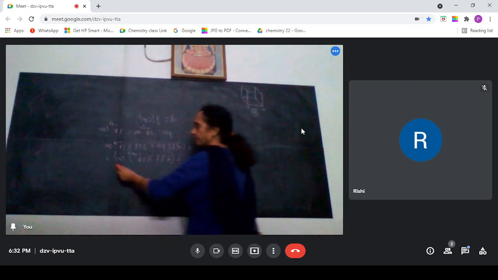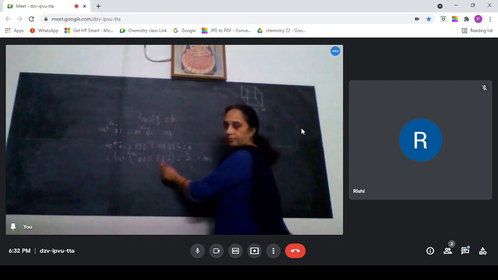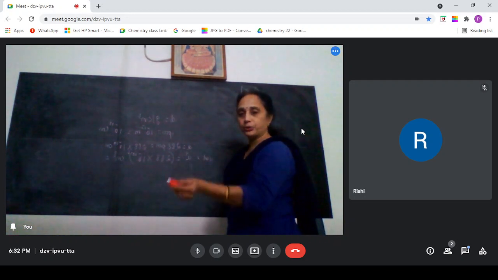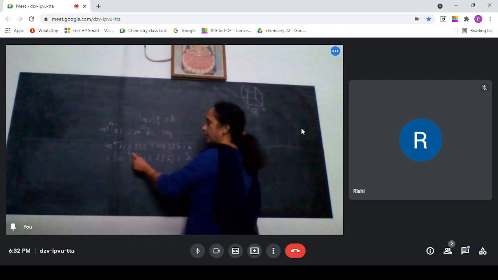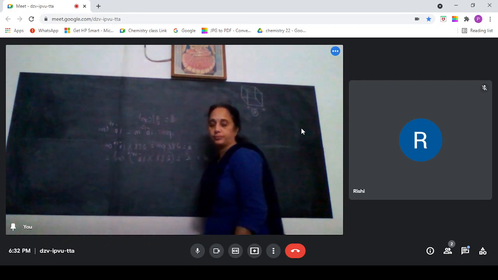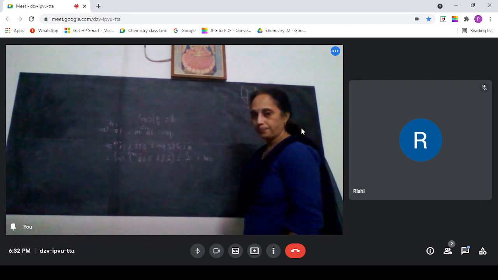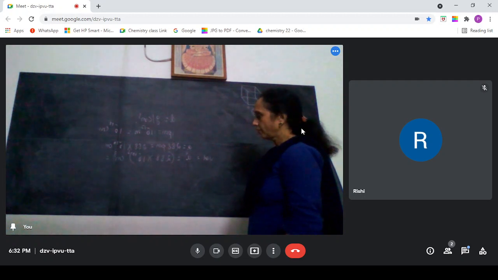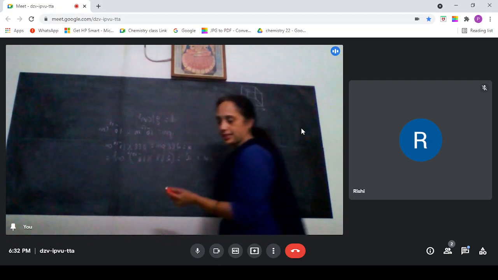Find this. First cube it: 288 into 288 into 288, and then 10 to the power of minus 30. This is the first step.